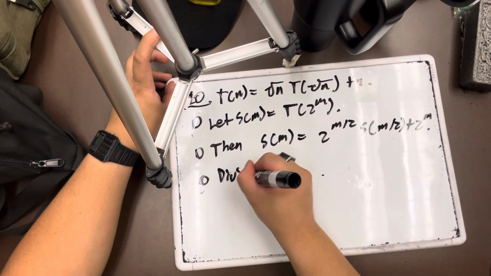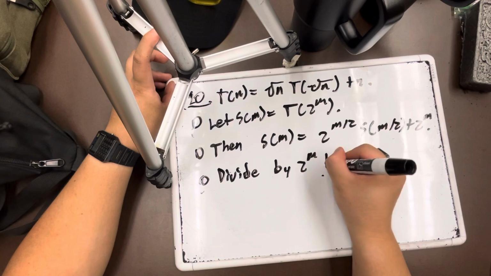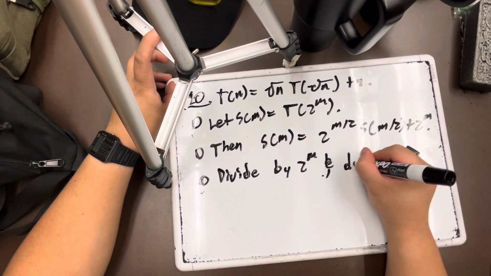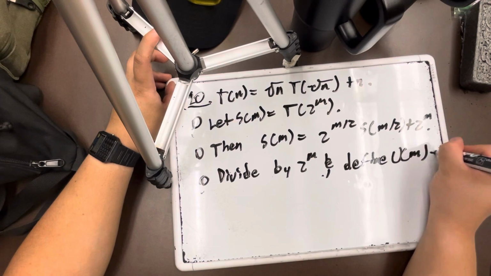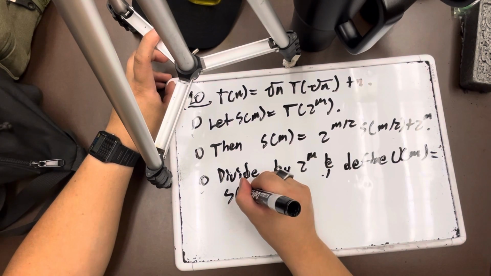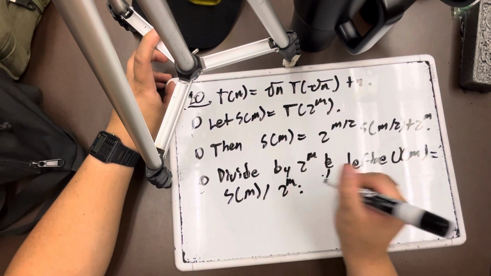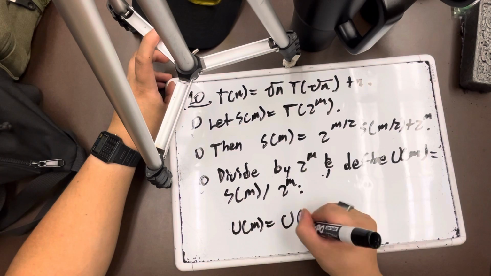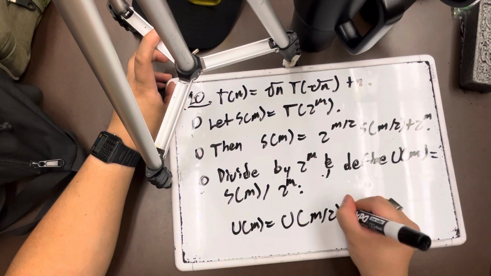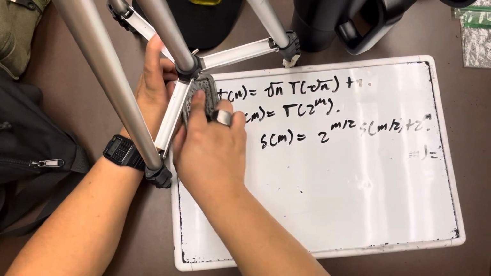And let's divide by 2 to the m and define U(m) to equal S(m) divided by 2 to the m, such that we have U(m) is equal to U(m/2) plus 1. Well, then what can we say about this?